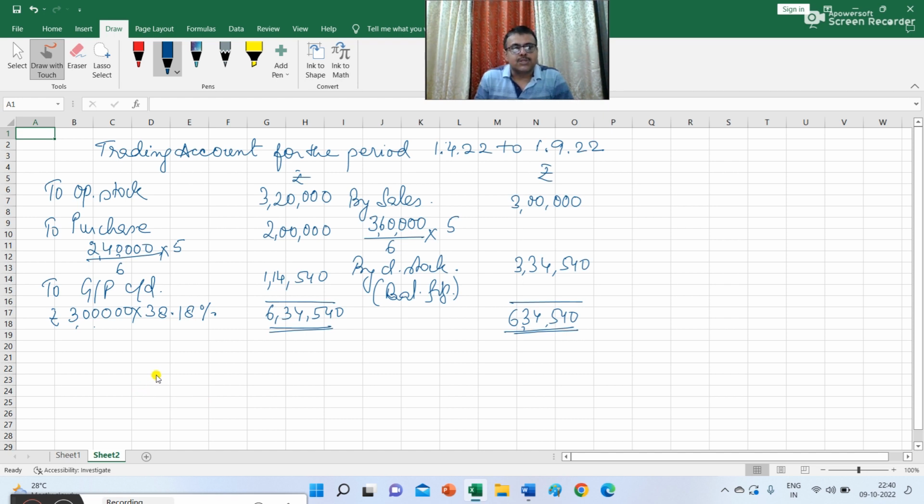Finally you need to calculate the amount of claim from the insurance company. So here I am writing amount of claim from insurance company.